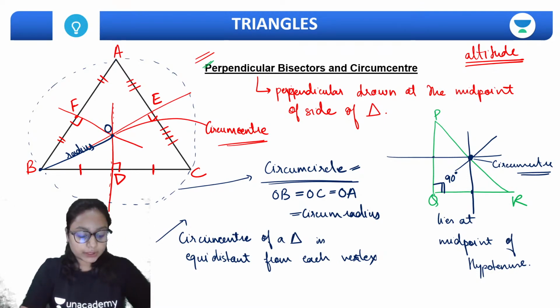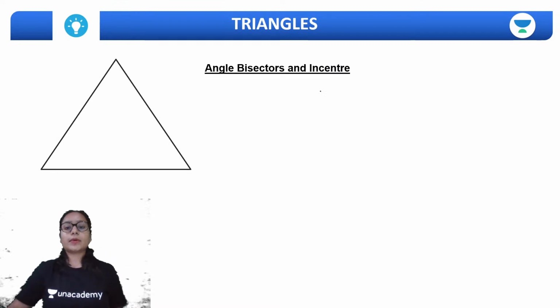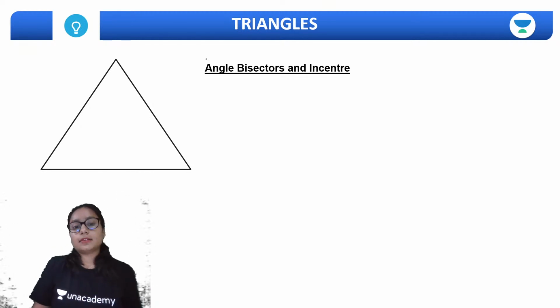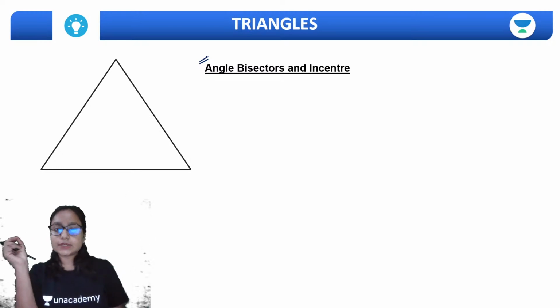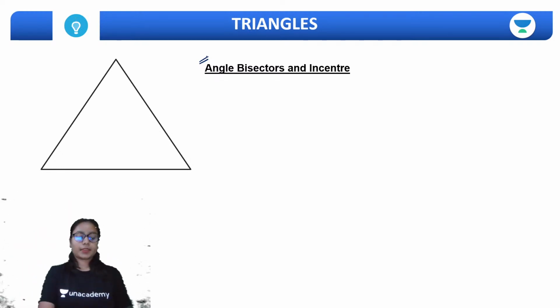Alright, now the fourth center, the incenter of a triangle. Let us discuss the incenter of a triangle. So again, let us understand what is an angle bisector. We have already discussed what is an angle bisector. Quickly tell me what is an angle bisector. Yes, type in your answers, all of you.